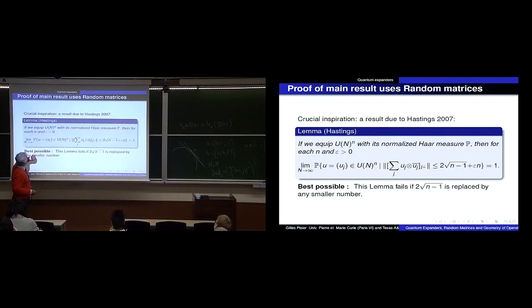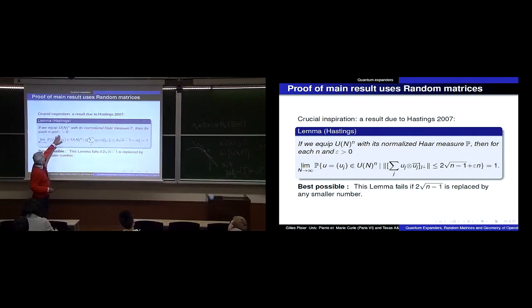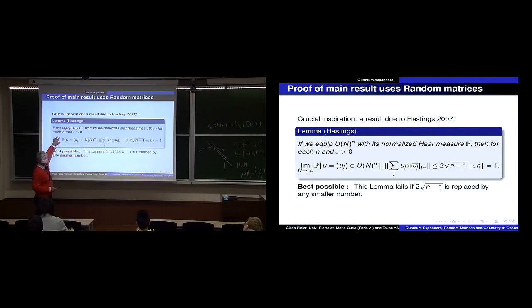So what he has is this: for any epsilon positive, if you take the uniform measure over n-tuples of unitary matrices, so you use Haar measure on the unitary group U_N, taking your n unitaries independently at random, so you look at the product of n copies of the unitary group U_N and the Haar measure on it, then when capital N tends to infinity, the probability that you have this bound for the crucial operator is 1.